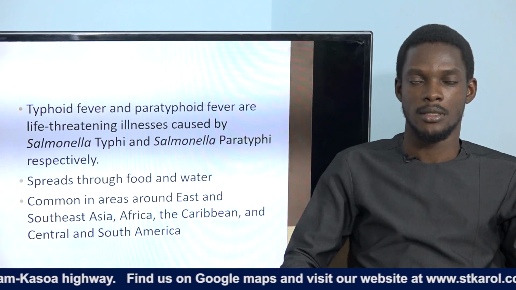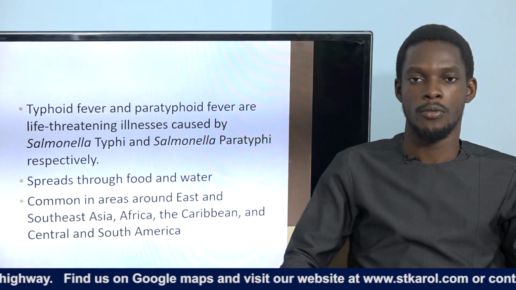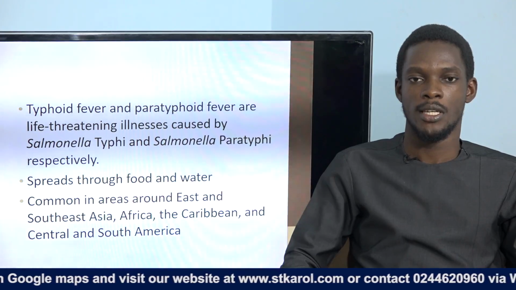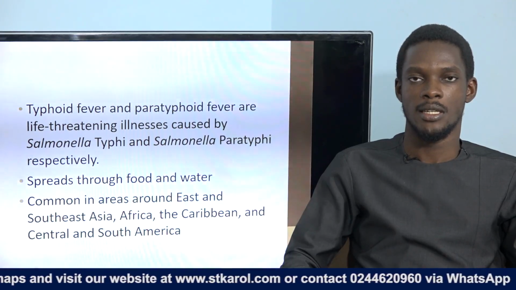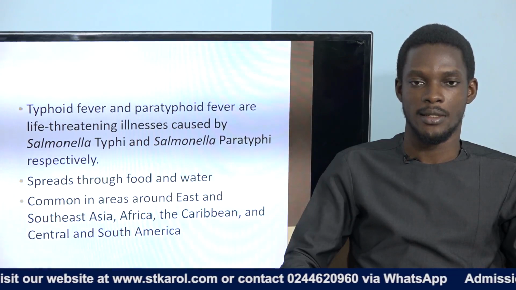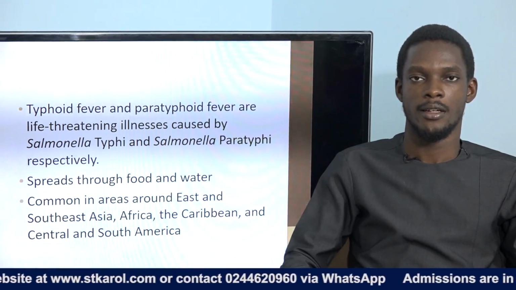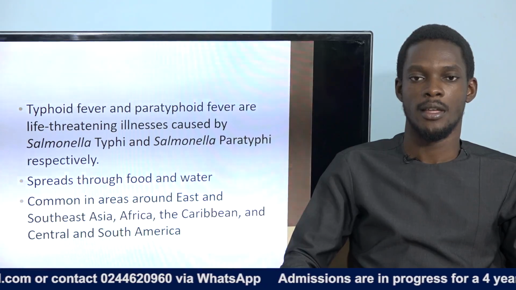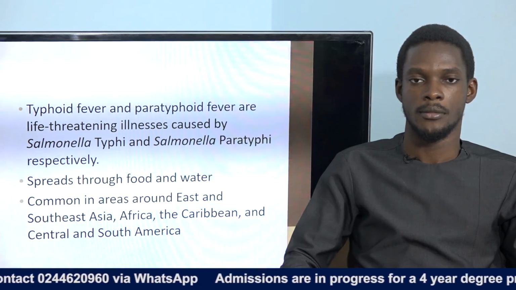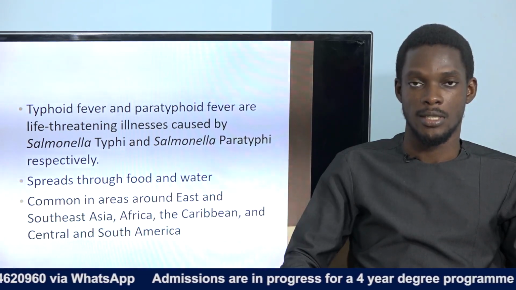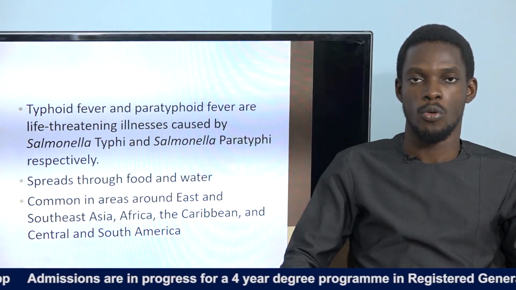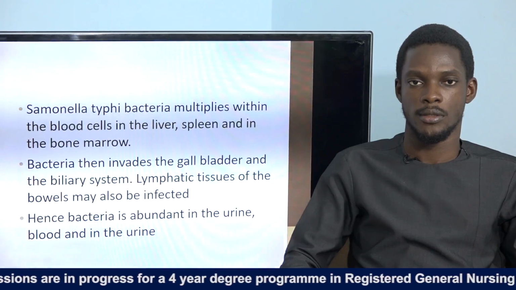These bacteria spread through food and water and are common in Eastern and Southeastern Asia, Africa, the Caribbean, and Central and South America. That is to say that it spreads through the fecal-oral route.